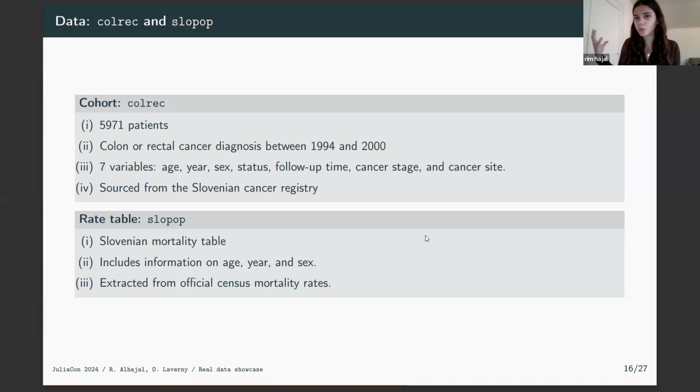So it is what is expected of a normal person: what mortality rate is expected of a normal person, undiagnosed with cancer, and people from the cancer data set. So the mortality table includes information on age, year, and sex. And with these 3 variables, we are able to identify the patients from the data set and their expected mortality rate on a populational level. And it's extracted from official census mortality rates.